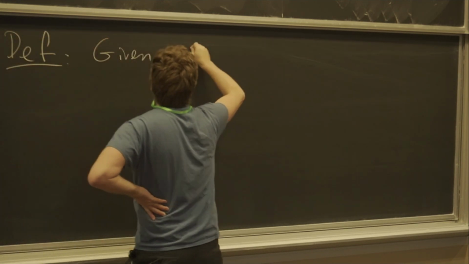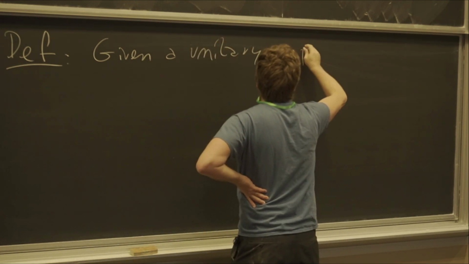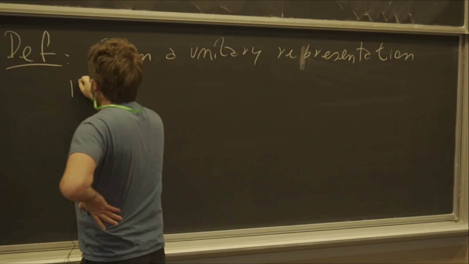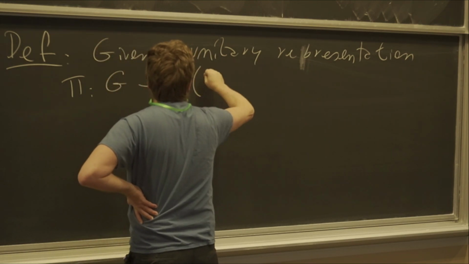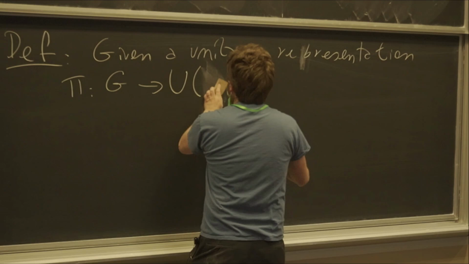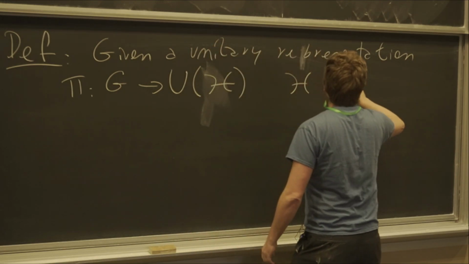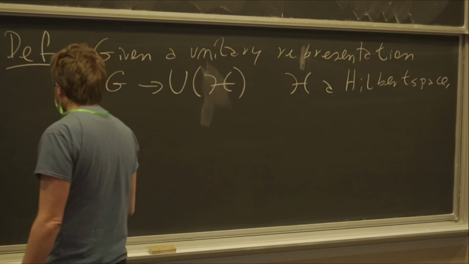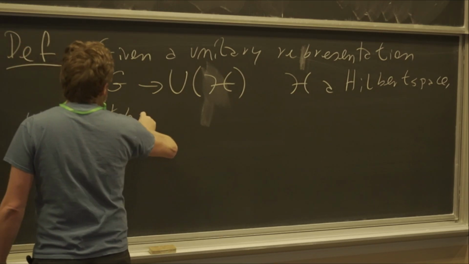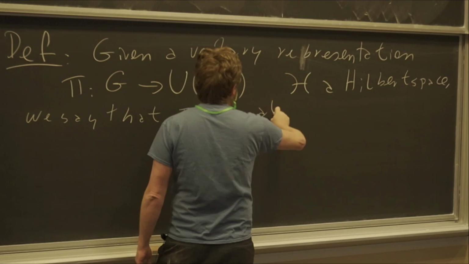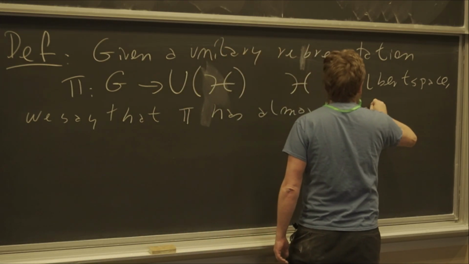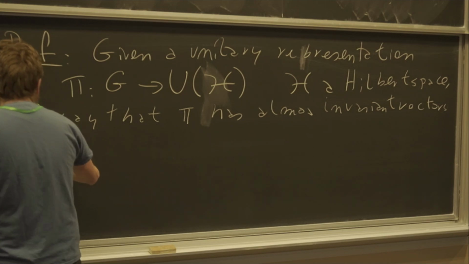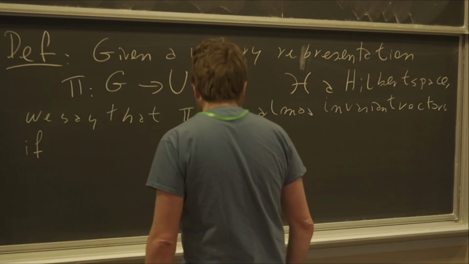So given a unitary representation pi from G into unitary of some fancy letter here, H, a Hilbert space, we say that pi has almost invariant vectors if, okay, now I need to choose the quantifiers correctly.